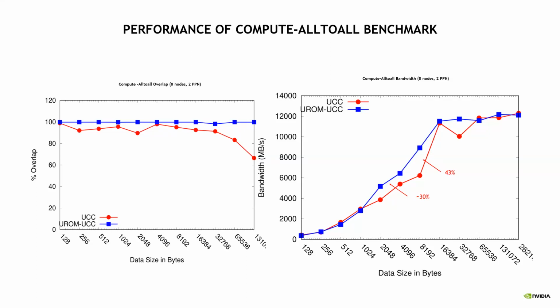What we can see here is that you can achieve 100 percent overlap between the host and the DPU, especially when you enable that, and those extra resources definitely help. And the bandwidth also improves as we increase the data sizes in bytes, which helps a lot. Next slide.